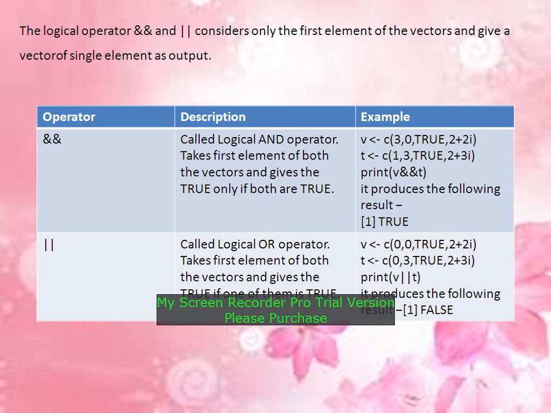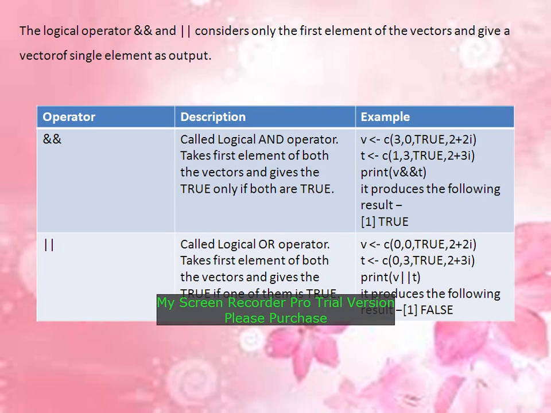So these are the three different categories of operators. Arithmetic operators: addition, subtraction, multiplication, division, modulo, quotient, and exponent. Relational operators: greater than, less than, greater than or equal to, less than or equal to, not equal to.